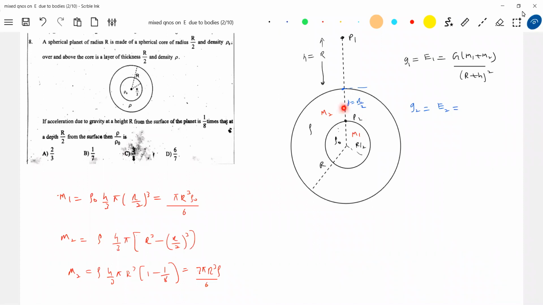Because what about this outer part? The field strength at this point will be only due to the mass enclosed. You draw a Gaussian surface here. The field strength at this point will be contributed only by the mass enclosed. So what is the mass enclosed? Only M1. So what should the formula be? What is the field strength on the surface here?